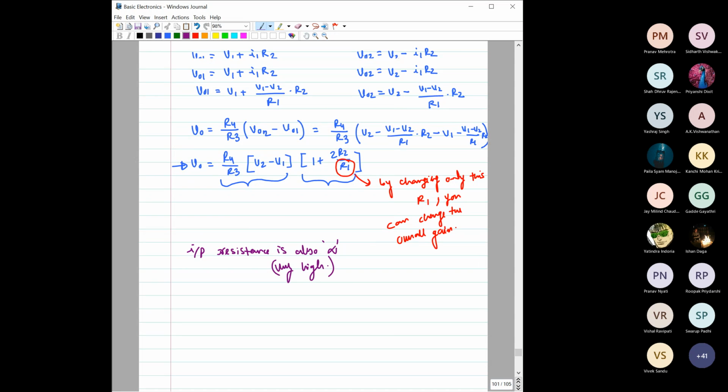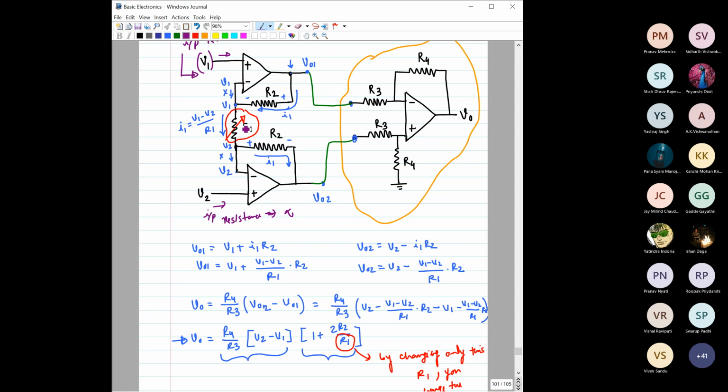Okay. So here, instead of placing a resistance and keep on changing this resistance, you can use a pot. Pot means potentiometer. I think I have shared one video with you, where we discussed what a potentiometer is. A potentiometer basically has three terminals.